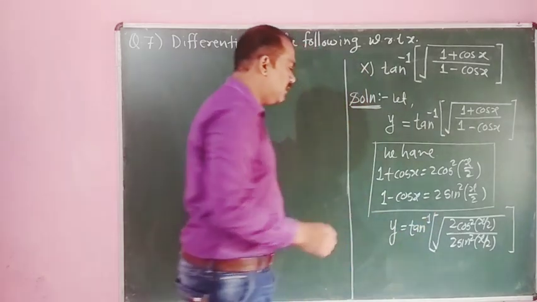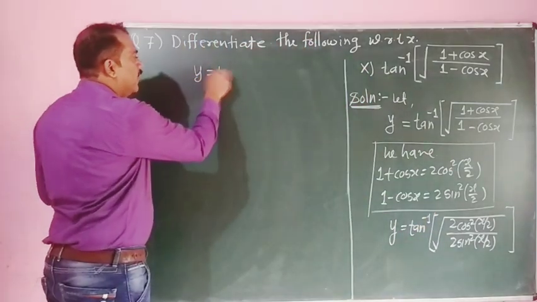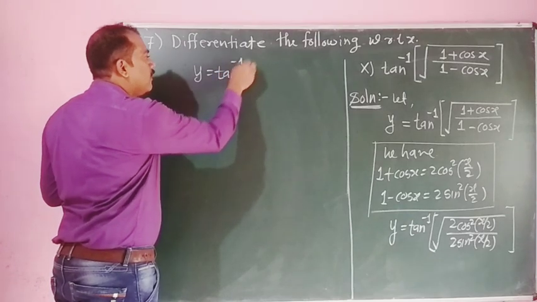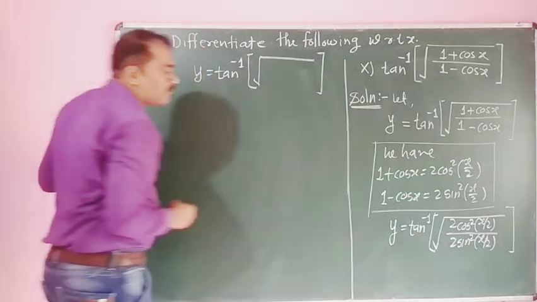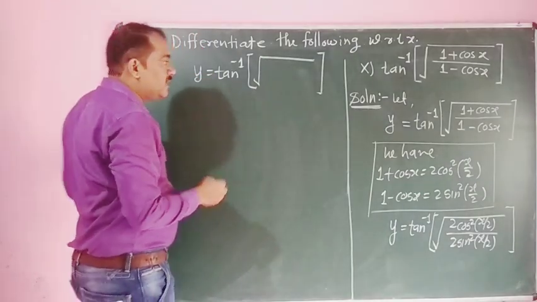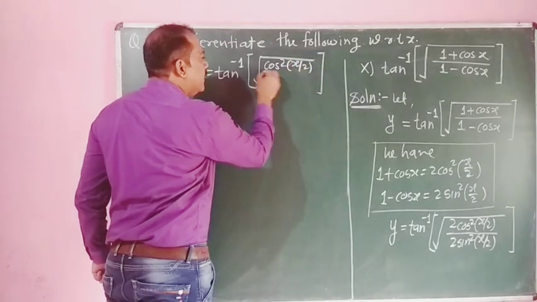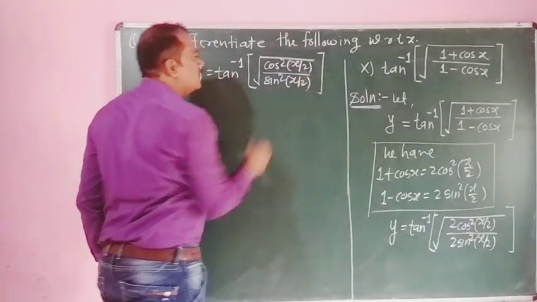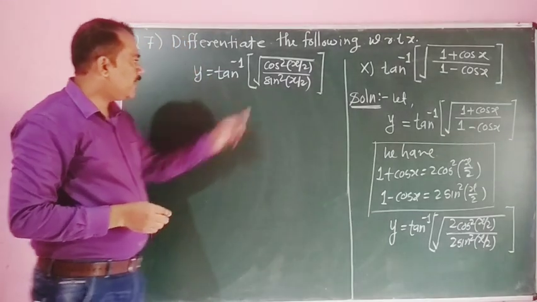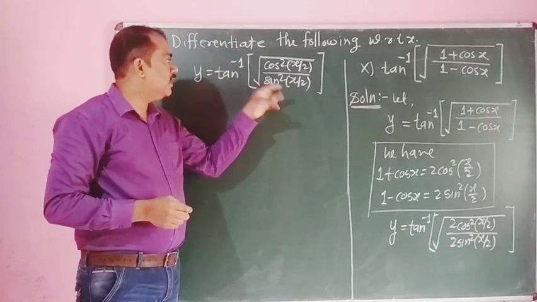The 2 gets cancelled, so what is remaining? y is equal to tan inverse of under square root of cos square x by 2 divided by sin square x by 2. Cos square x by 2 divided by sin square x by 2 is nothing but cot square x by 2.